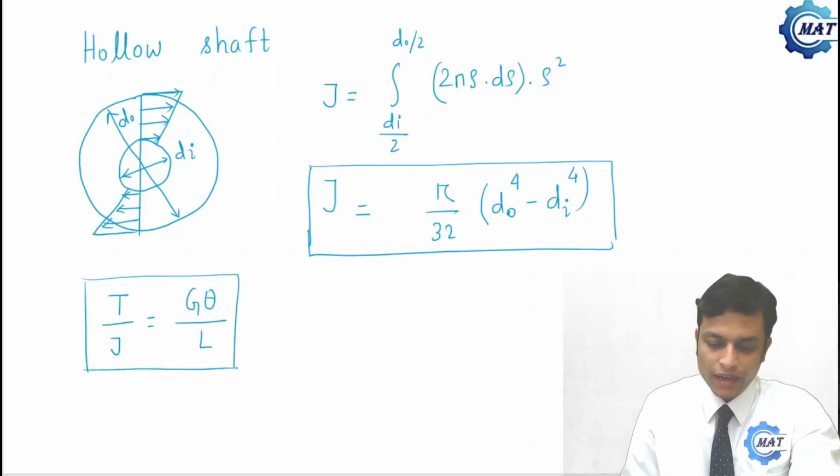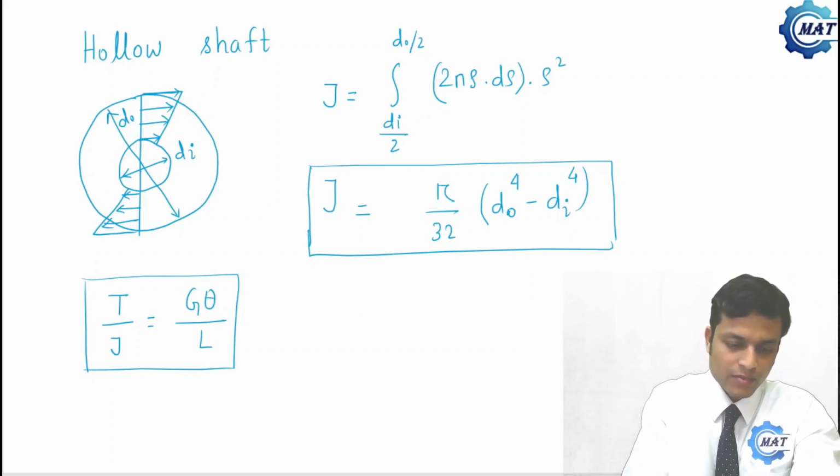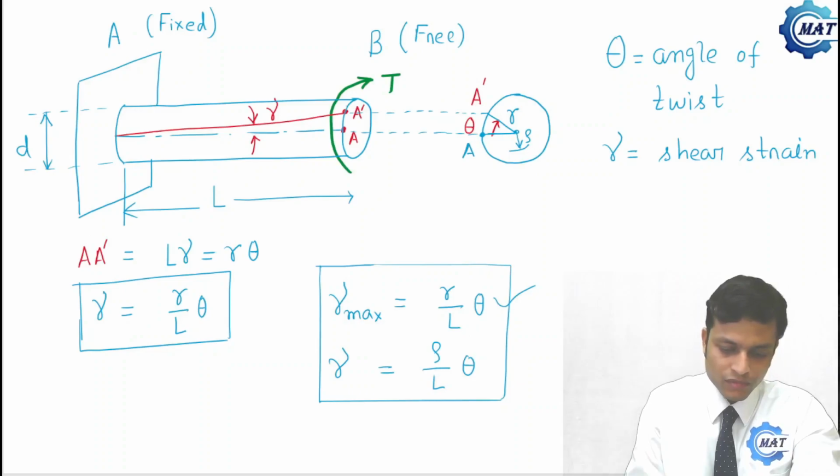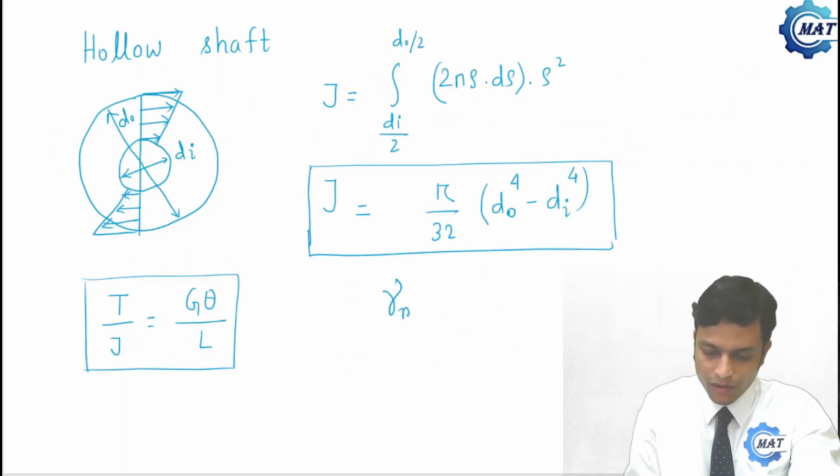Now we have already derived the expression of tau max. What was the expression? Sorry, this is gamma max. Gamma max is R by L into theta. So earlier we got gamma max is R by L into theta.